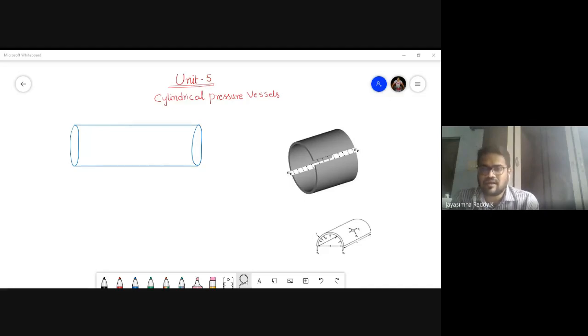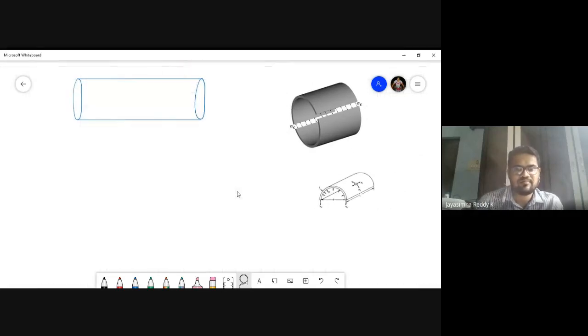So cylinders are classified into thin cylinders and thick cylinders, students, based on their thickness and diameter ratio. Let me show you here, students. Based on their thickness to diameter ratio, if the thickness to diameter ratio is greater than 20, then we call it a thin cylinder.